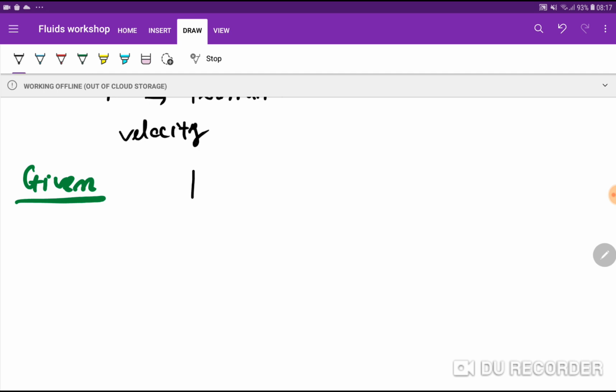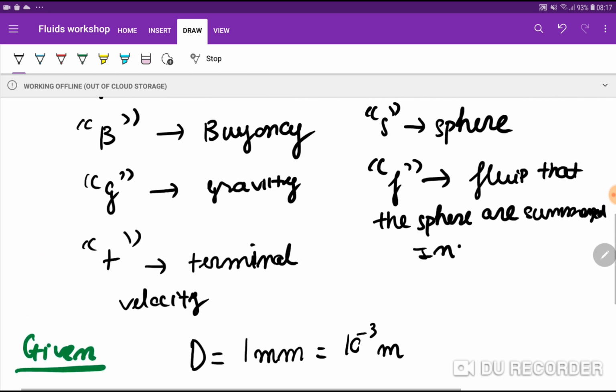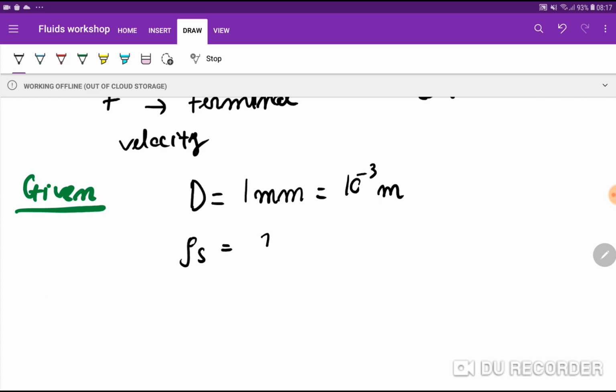It's given the diameter is 1 millimeter. In this case, I will convert everything to SI units. It's always a good idea to keep things consistent. So I convert 1 millimeter to 10 to the negative 3 meters. The density of the sphere is 7,870 kilograms per meter cubed.